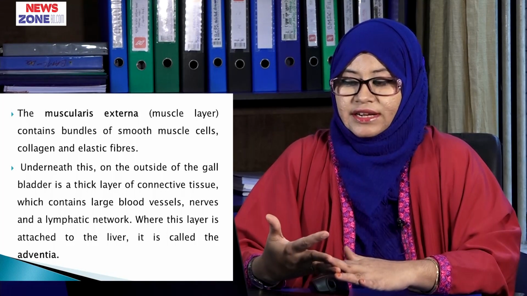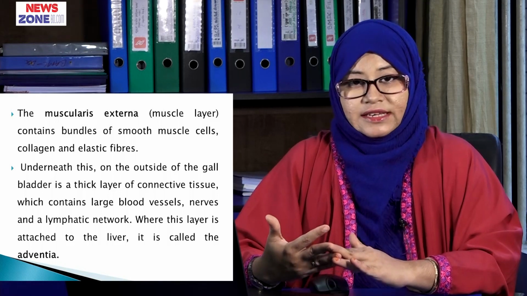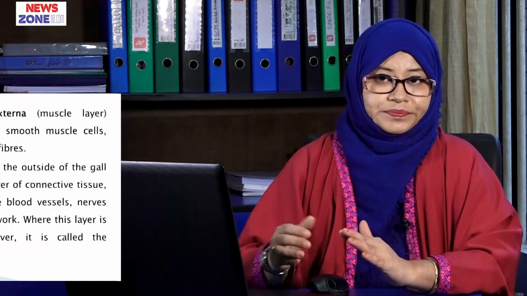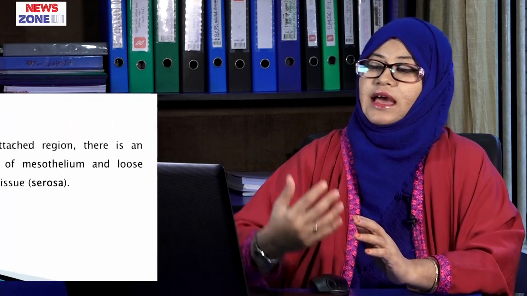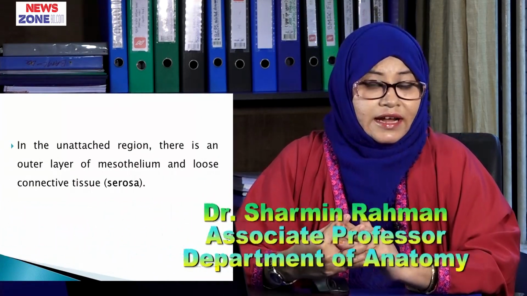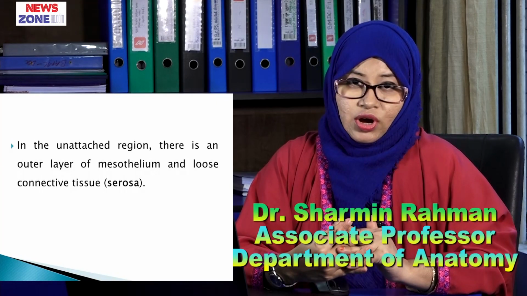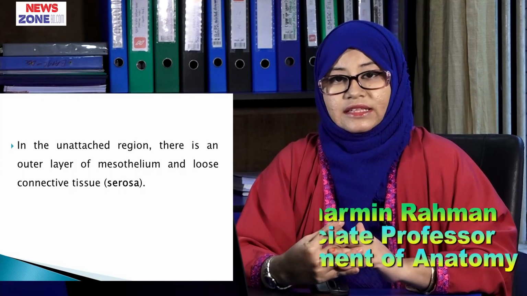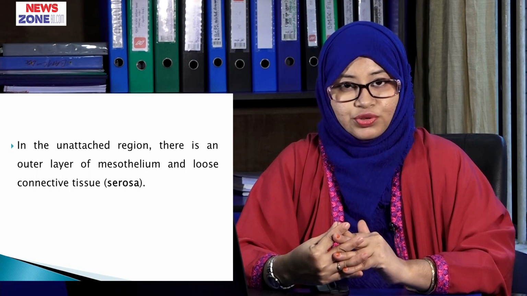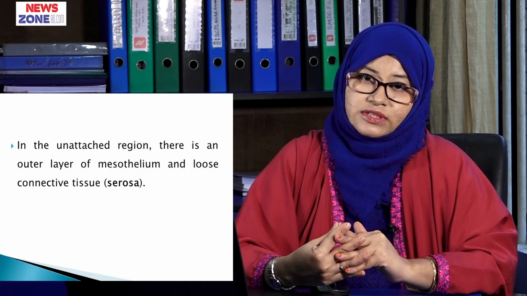Where this layer is attached to the liver, it is known as adventitia. In the unattached region, there is an outer layer of mesothelium and loose connective tissue that is known as serosa.